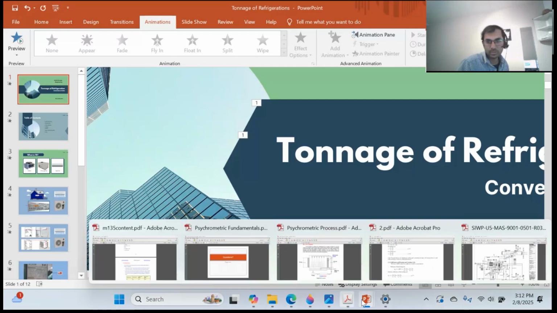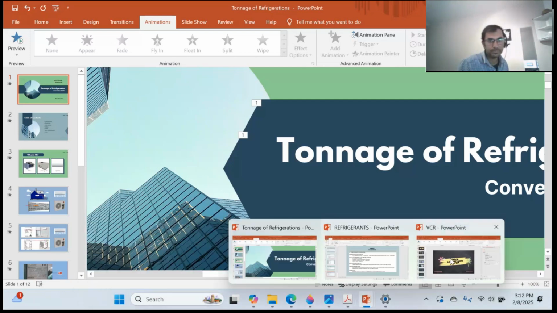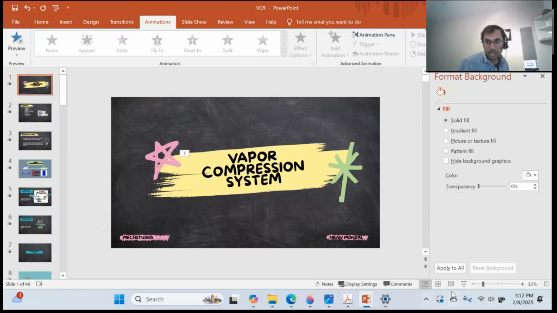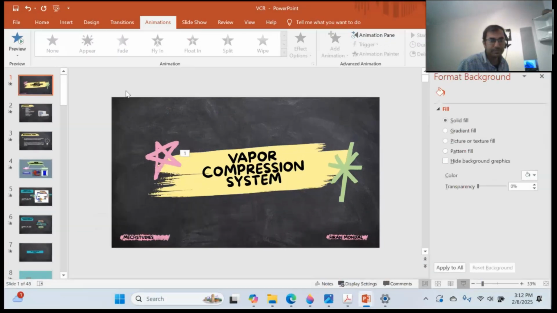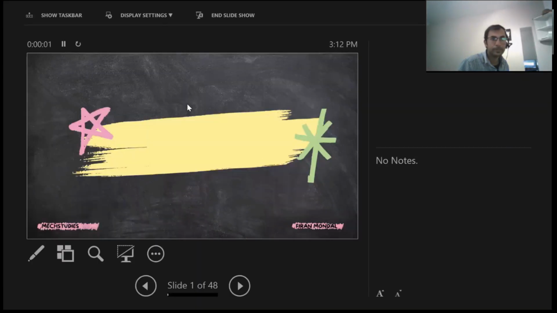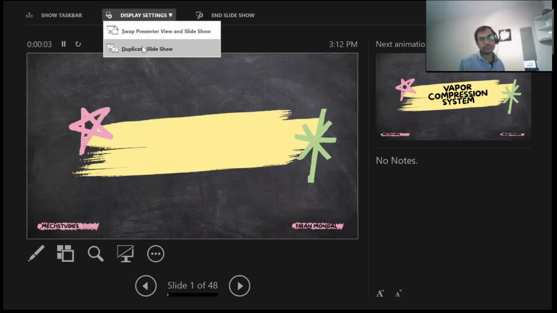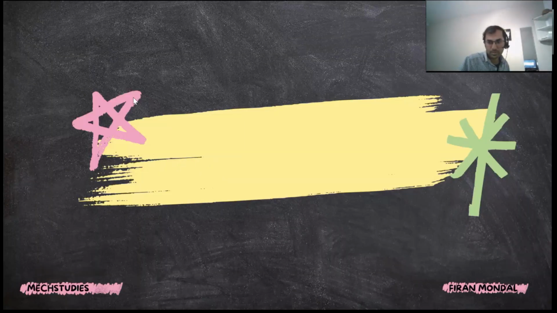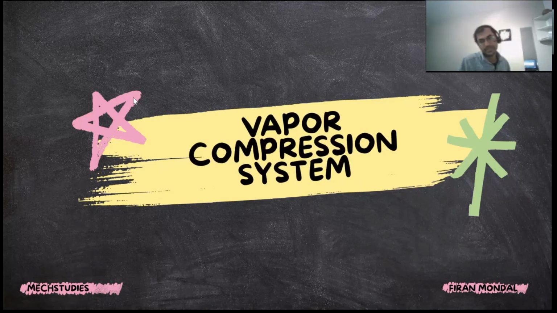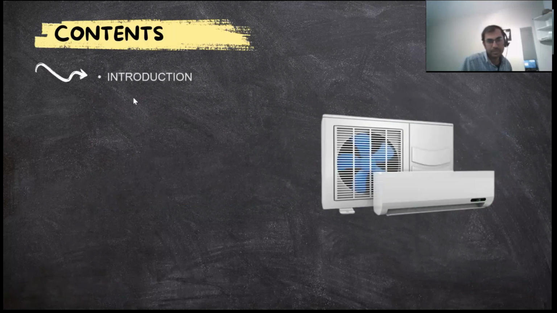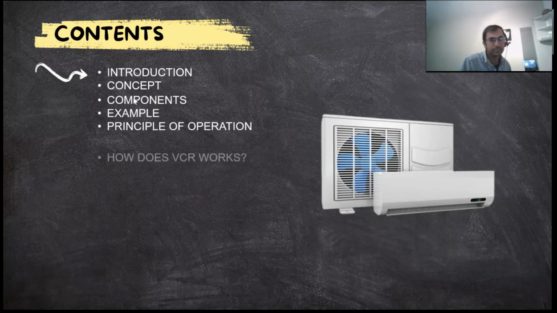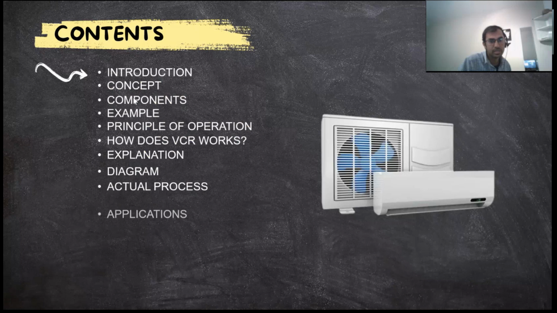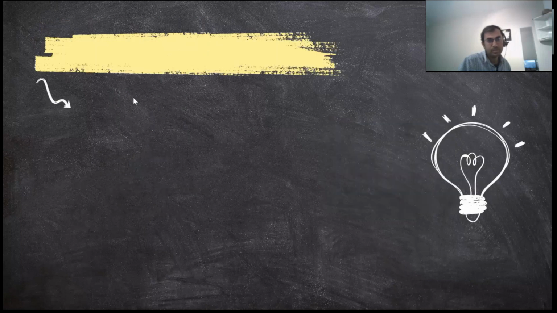Now we will move to the vapor compression cycle, the refrigeration cycle. So for the vapor compression system, we will learn basically the introduction, concept, components, example, principle of operation, how VCR works, explanation, diagram, actual process, applications, and many more.